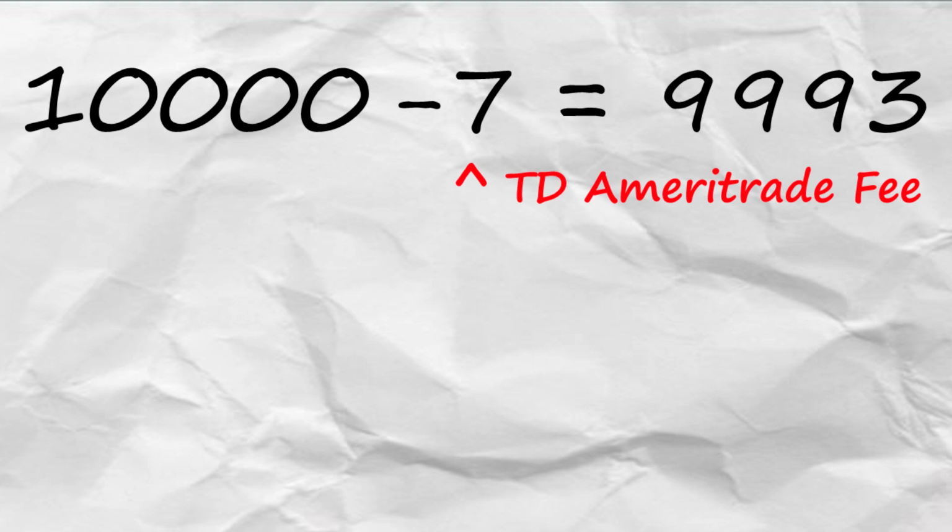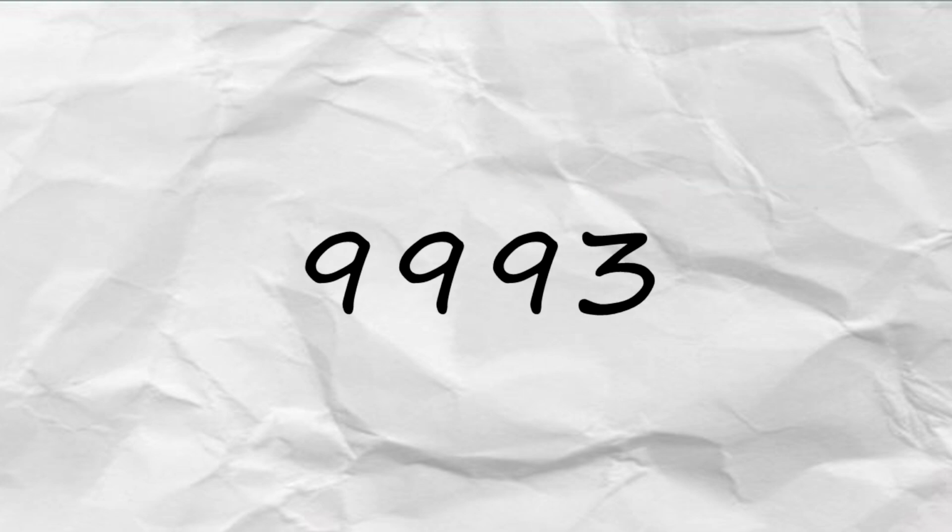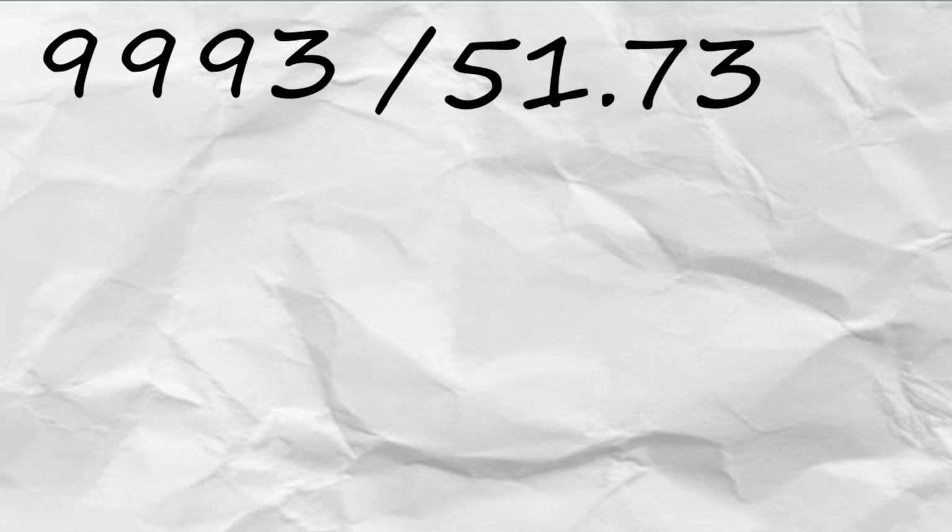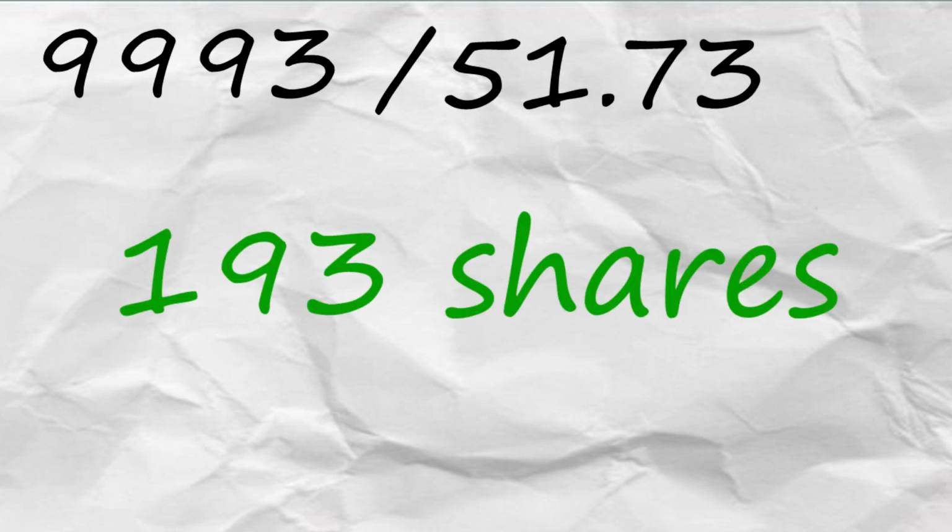So you want to get that out of the way, and then you'll have the actual amount that you can invest, which will be $9,993. So now we want to take $9,993 and divide it by 51.73. That'll give us 193.17 something. So 193 shares of Coke basically is what you can buy.